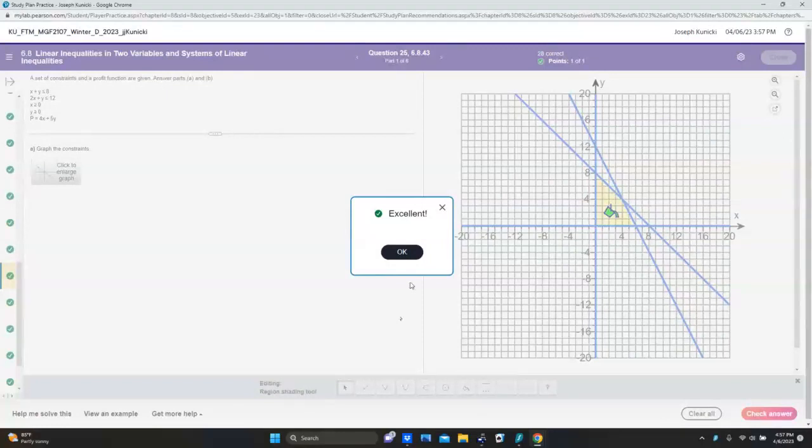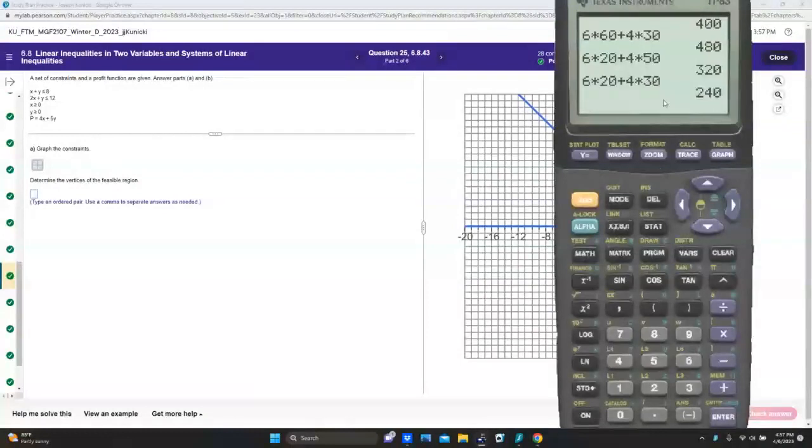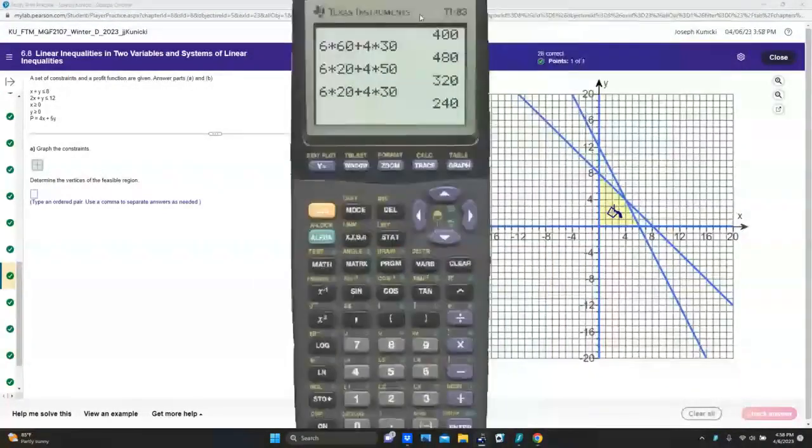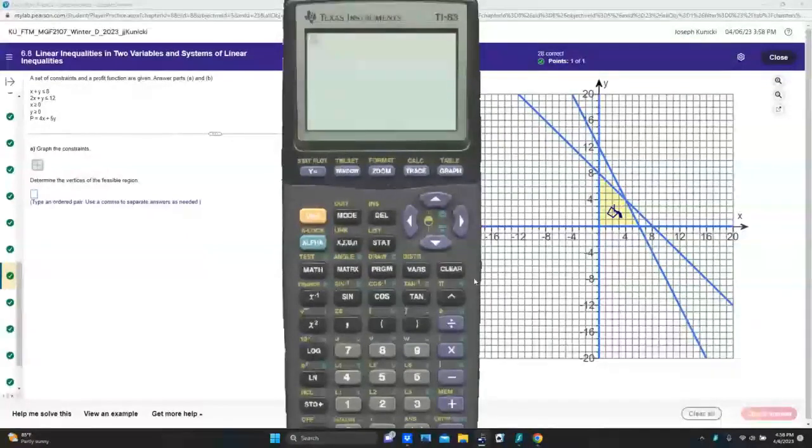Now we have to maximize and minimize our objective function. So now I need the calculator. And we'll start at the origin. Actually, we don't need to. We know that there's no constant in there. So 4 times 0 plus 5 times 0, p is 0 at the origin.